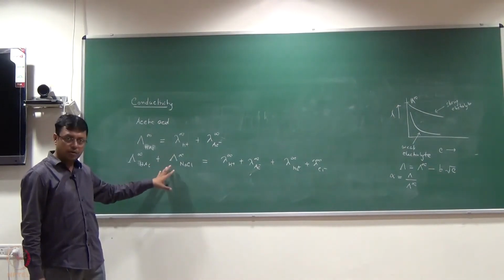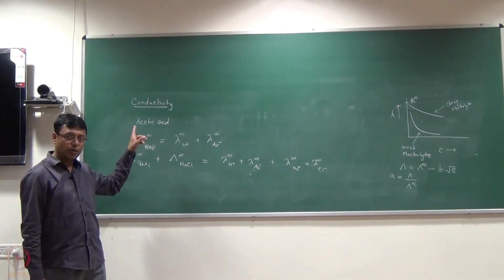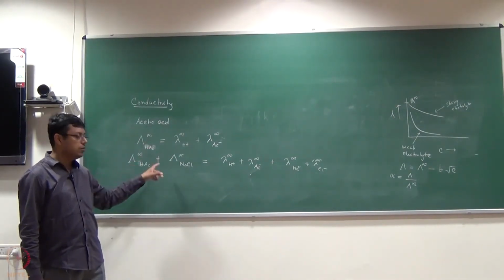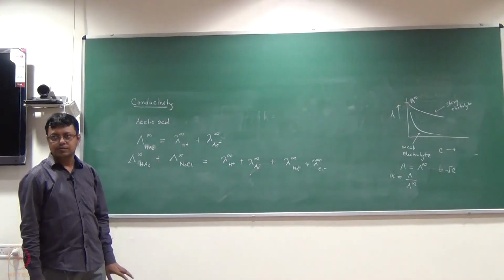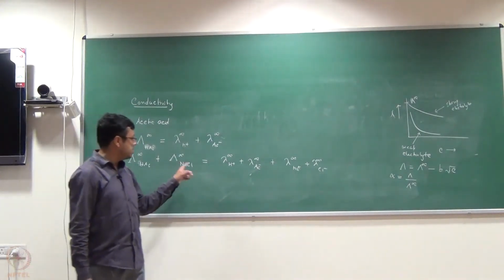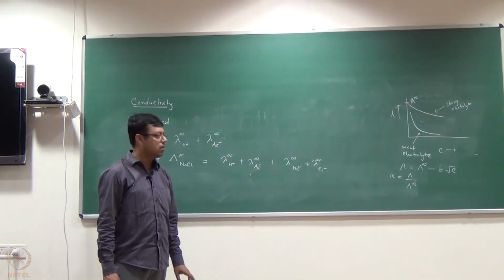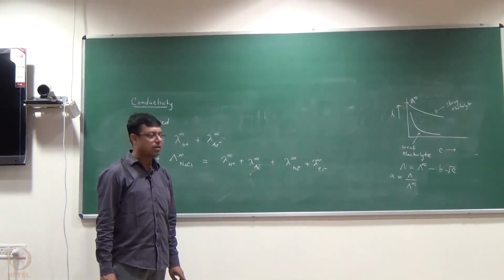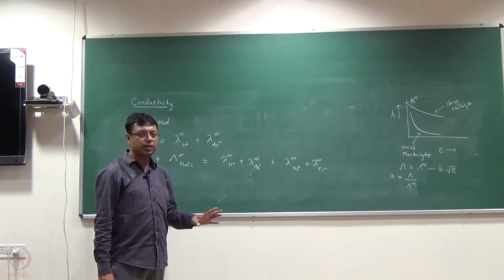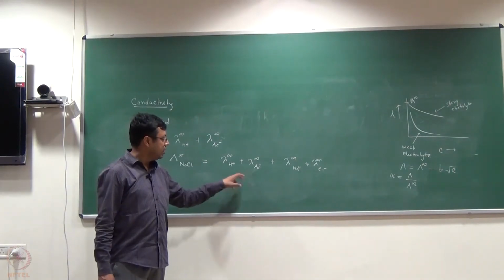Now I know that in that infinite limit, it is definitely contributed by the cations and anions. So acetic acid is contributed by H plus and Ac minus, and this is contributed by Na plus and Cl minus. Now I am doing a very interesting thing. Look at it.